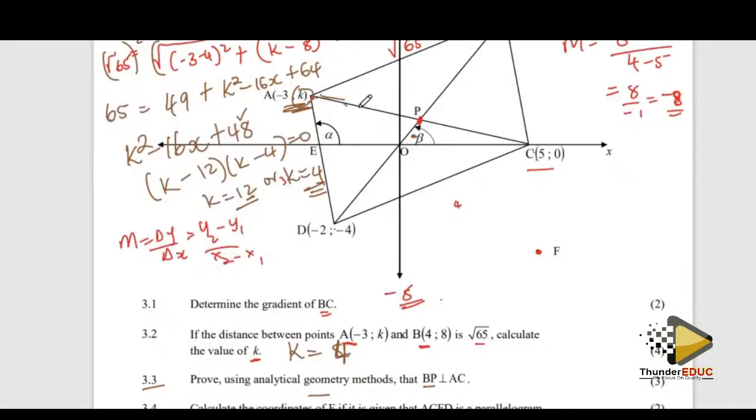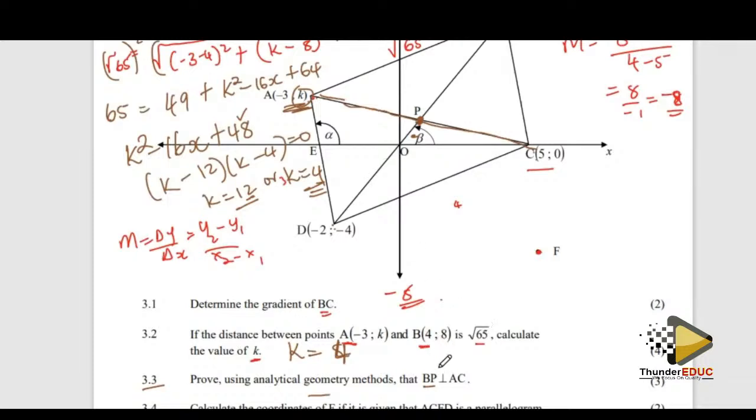So for us to prove that, do we need the coordinates of P? We don't need that. We can even use the coordinates of D since it's still the same straight line. I suppose we can use that.